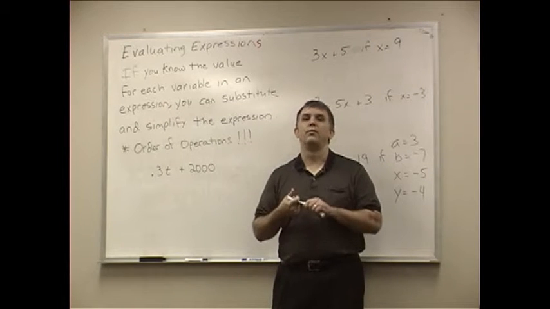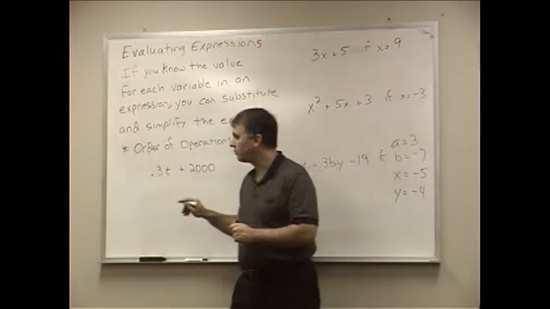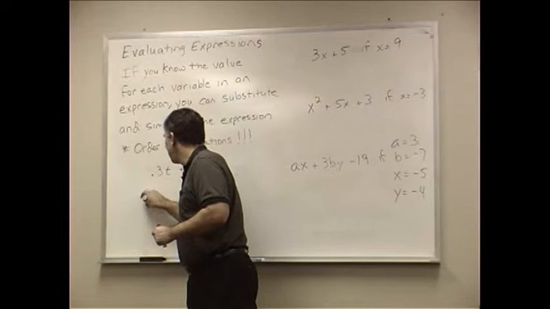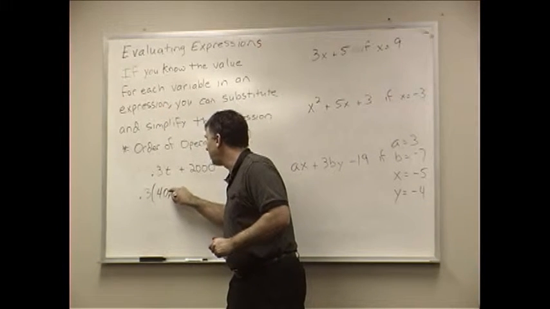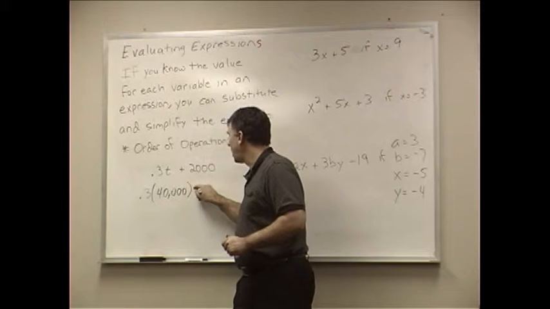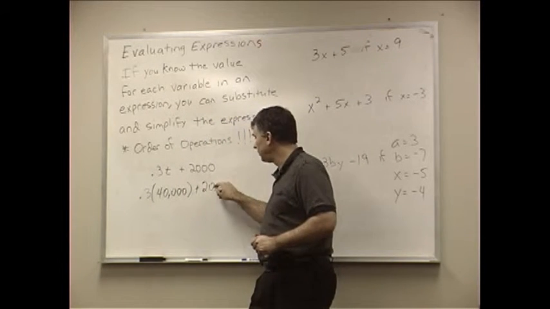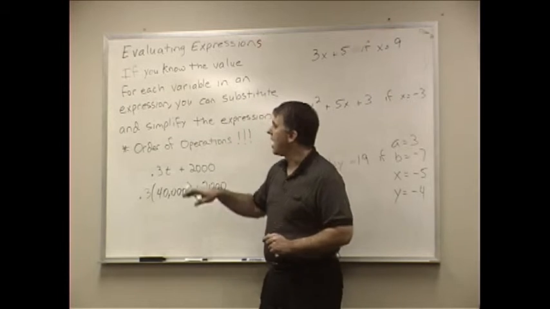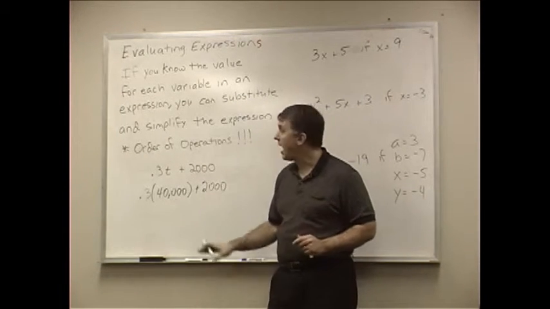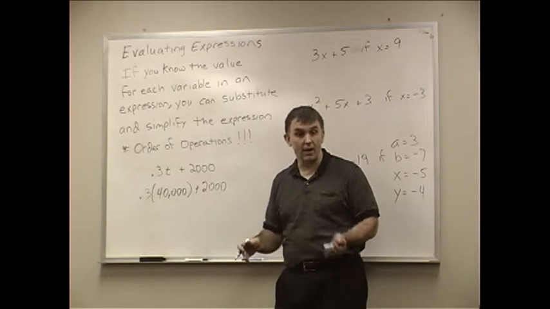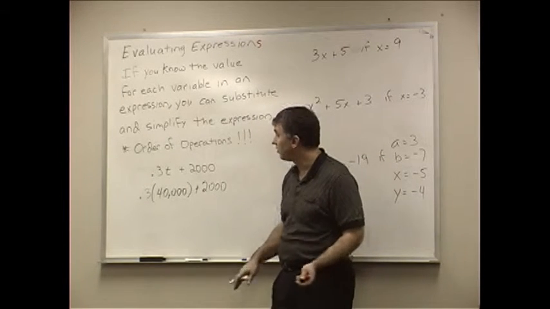So if they sold 40,000 tickets for that baseball game, 0.3 times 40,000 plus 2,000. Now, notice I put a star on the order of operations. After you substitute in, you still have to follow the order of operations.